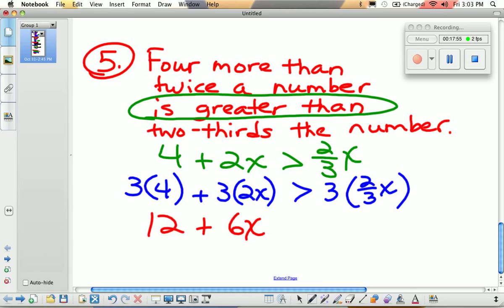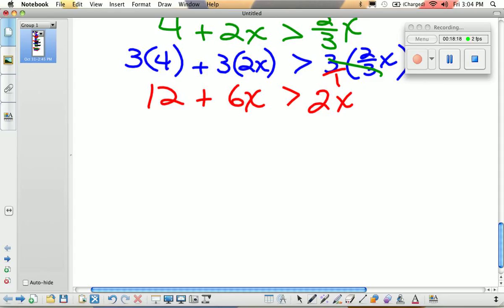And then is greater than, well, let's put this over 1, 2x, because then the 3's will cancel, and we'll have 2x over 1, which is 2x, isn't it? Okay, so we're going to have 2x. This is much quicker than if we renamed that 2x as thirds, made it 6/3 x, and then had to subtract and had 4/3 x. It would just be a lot more work, wouldn't it?